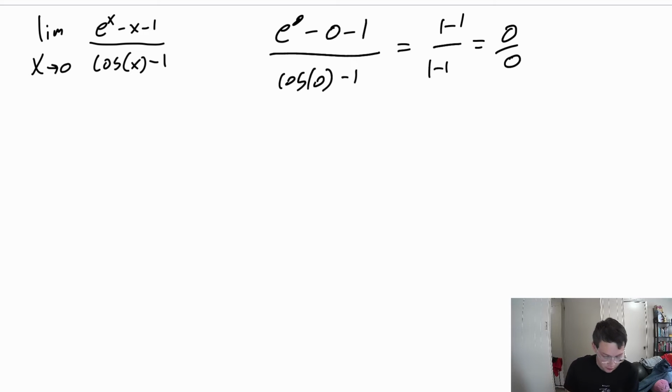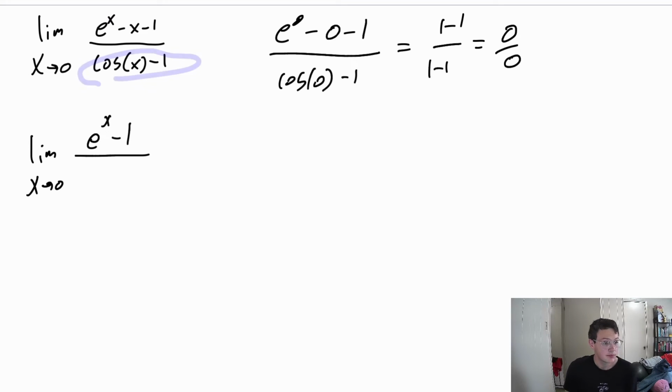So we can apply L'Hopital's rule, which means we take the derivative of the top, the derivative of e to the x minus 1, gives us e to the x minus 1. And the derivative of the bottom is going to give us minus sine x. And now we can try plugging in x equals 0.